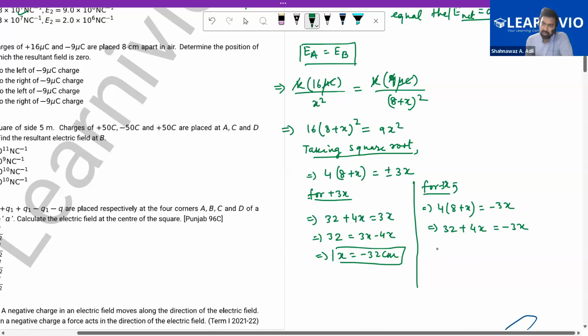Again we are getting 32 and then 7x, so this is minus 7x. So x would be how much? Minus 32 by 7. Right, so these are the two solutions.